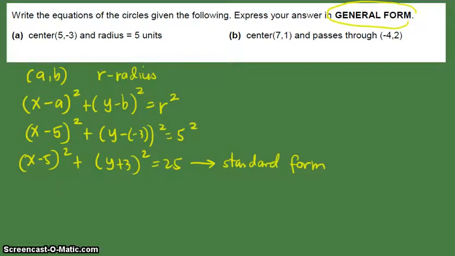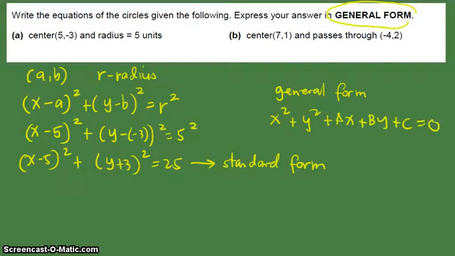The general form takes the equation x² + y² + ax + by + c = 0, where a and b are numbers and c is a constant. So you have to write the equation in standard form into x² + y² + ax + by + c = 0.